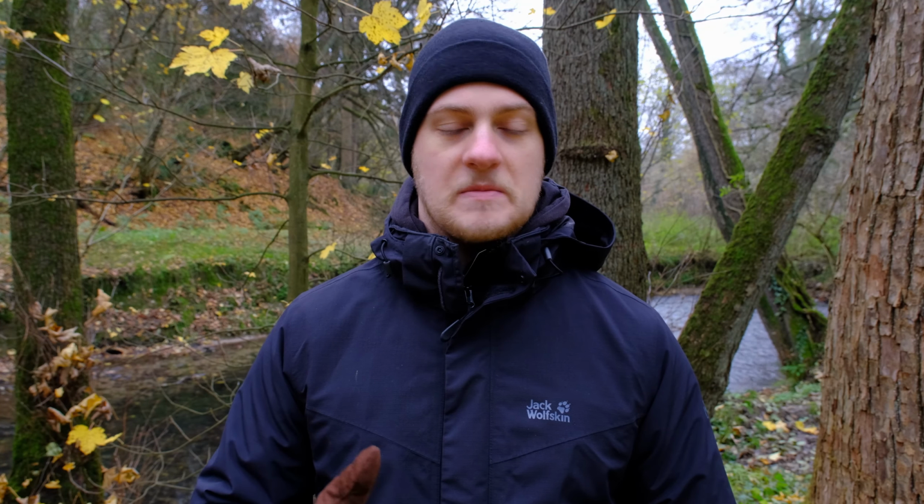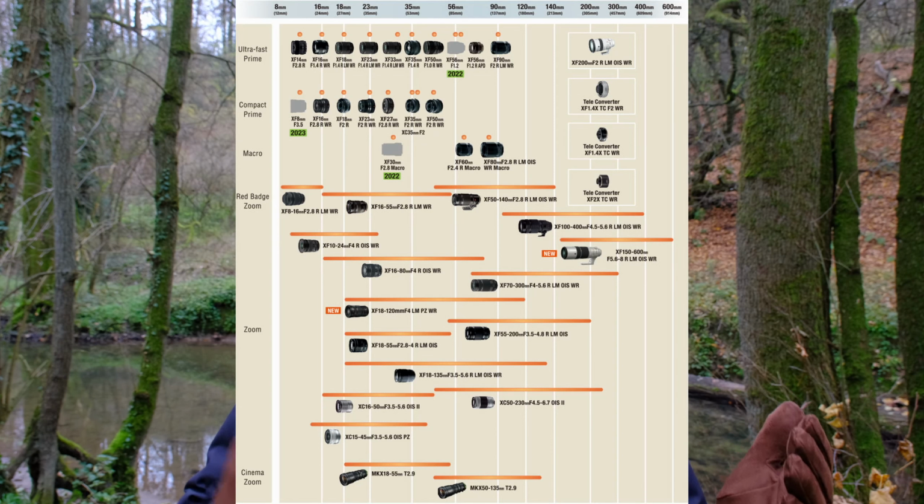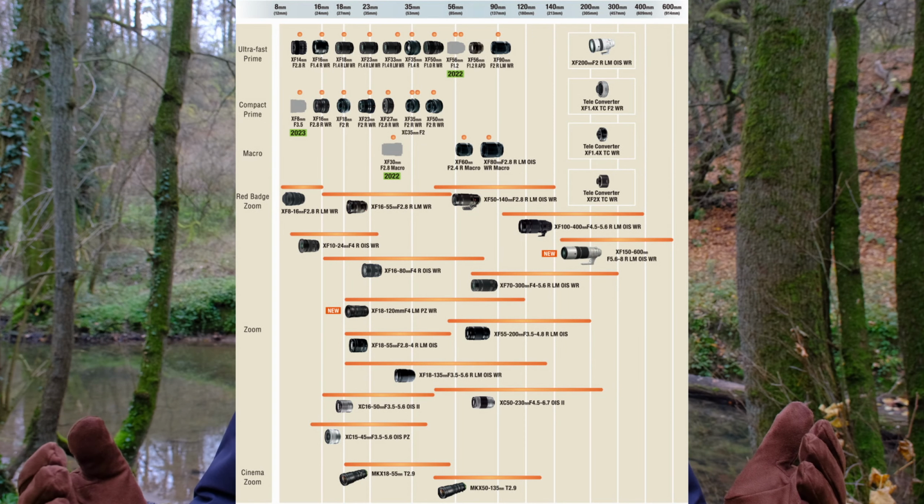But what makes the difference for me are the native lenses Fujifilm offers. Fujifilm offers a huge range of native lenses, which range, I think, from 8mm to 600mm on the other end.